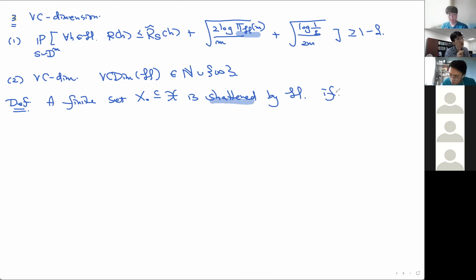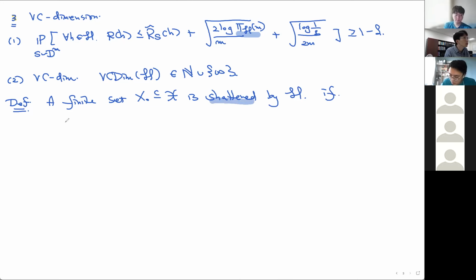What I'm going to describe now is really saying that however you label the inputs in x0, we can achieve zero error by some hypothesis in H. Any labeling over the inputs in x0, we can achieve zero error. So that's what shattered means.